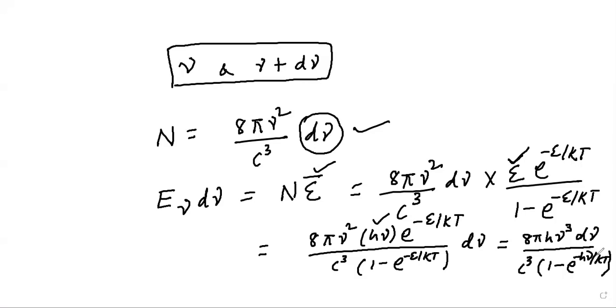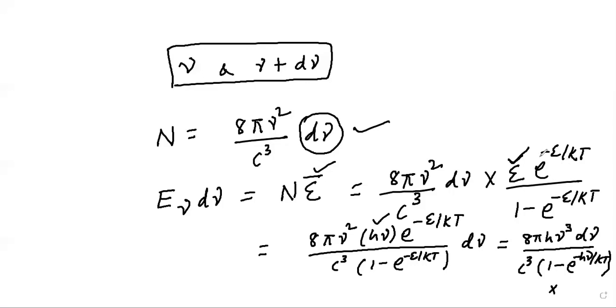And then this whole thing is multiplied by another e to the power minus E by kt.